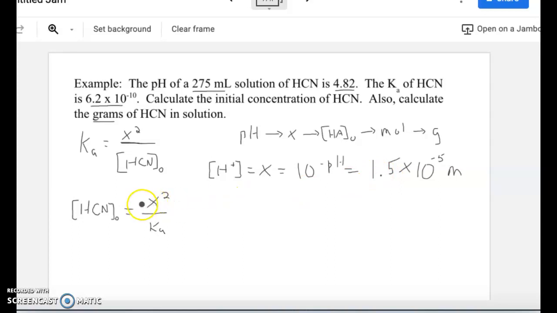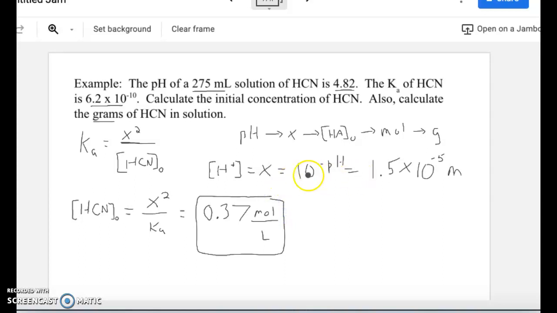Then we can put our X value in here. We can put the Ka value in right here. And from this we get 0.37. And that's going to be moles per liter. It's molarity, but right now let's write it out as moles per liter to work with the units. And that's one of our answers. Okay, we were looking for the initial concentration of that HCN.